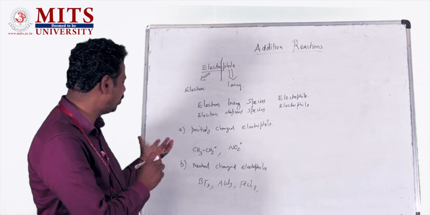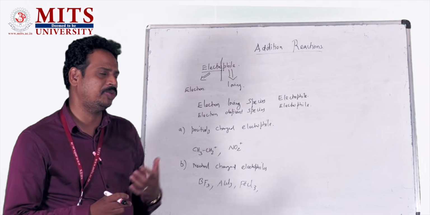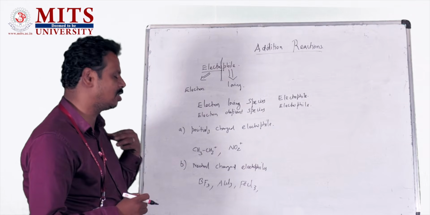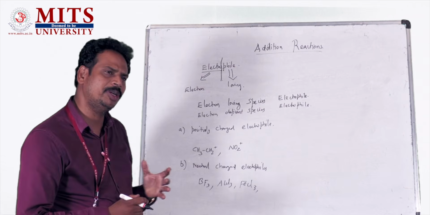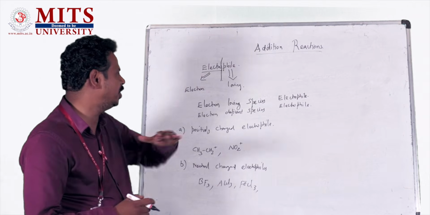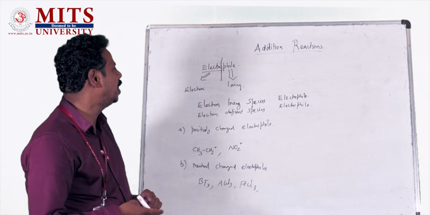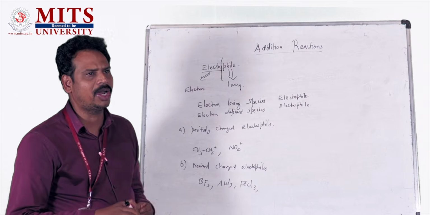The examples I've written are the carbocation, NO2 plus, or neutral species like BF3, aluminum chloride, and ferric chloride.